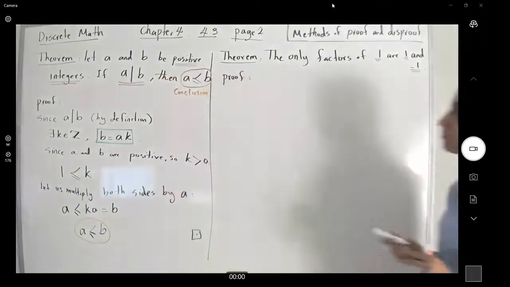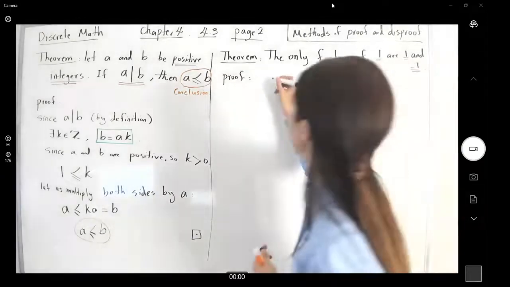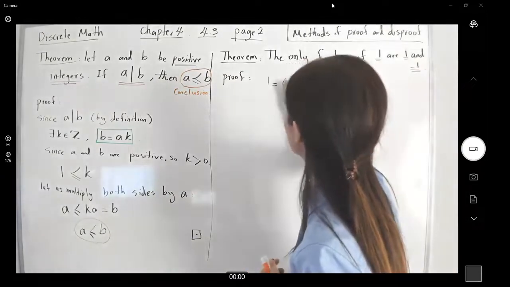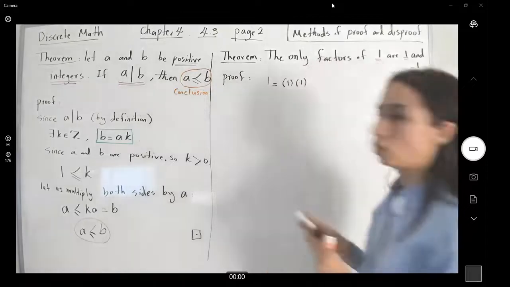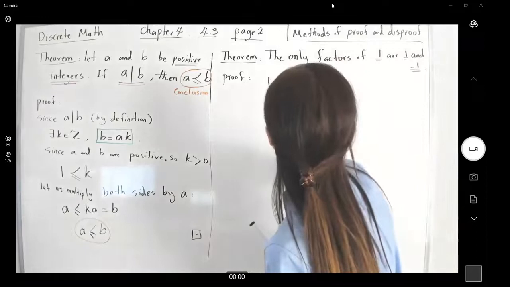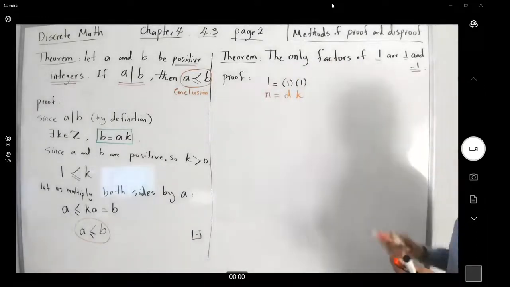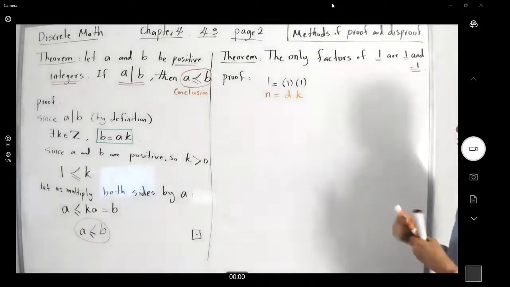What's the proof like? Well, let's say, hey, we can write 1 as 1 times 1. N is equal to D times K. So 1 divides 1.